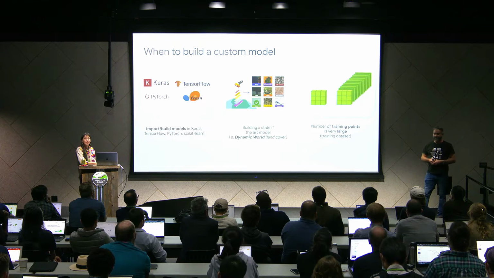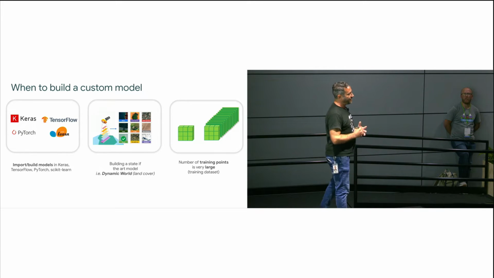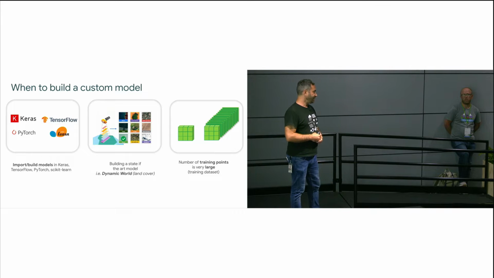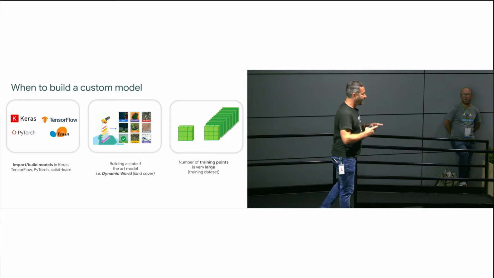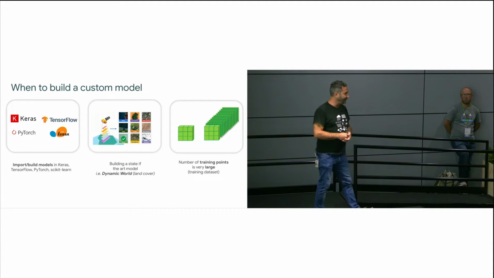So that's an excellent reason to want to build these models. If you want to build something very fancy, like, for example, Dynamic World was just announced. Chris and Val in here, they built an incredible model. And it's very fancy. So if you want to do something like that, that's another great reason for wanting a custom model.